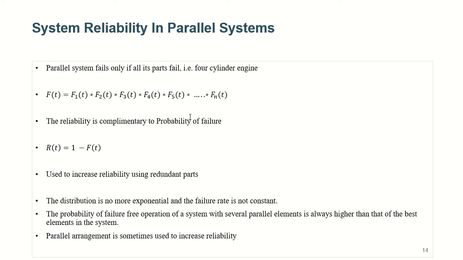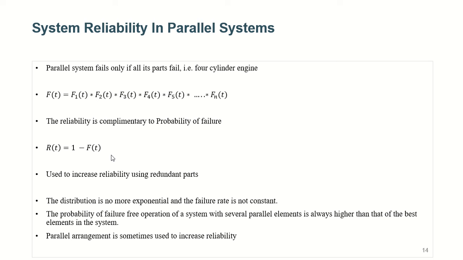Okay, now please notice what happened here: the distribution is no more exponential, and because of that the failure rate is not remaining constant anymore. See, the failure rate is varying for each and every time interval or each and every time component, and it will keep changing.